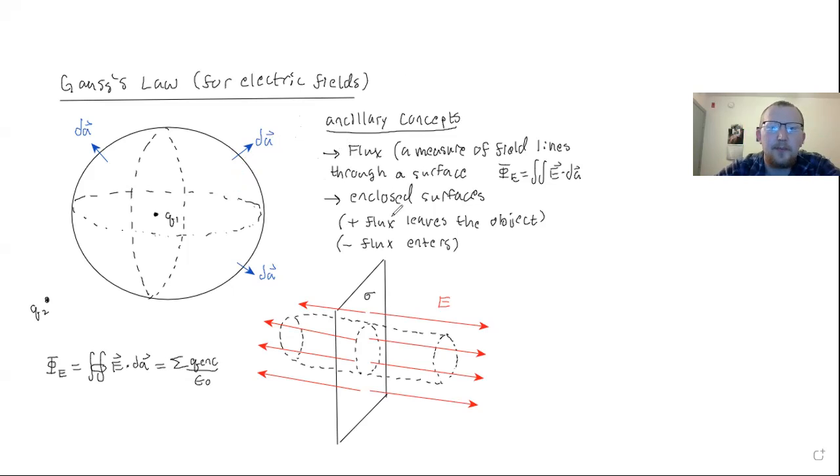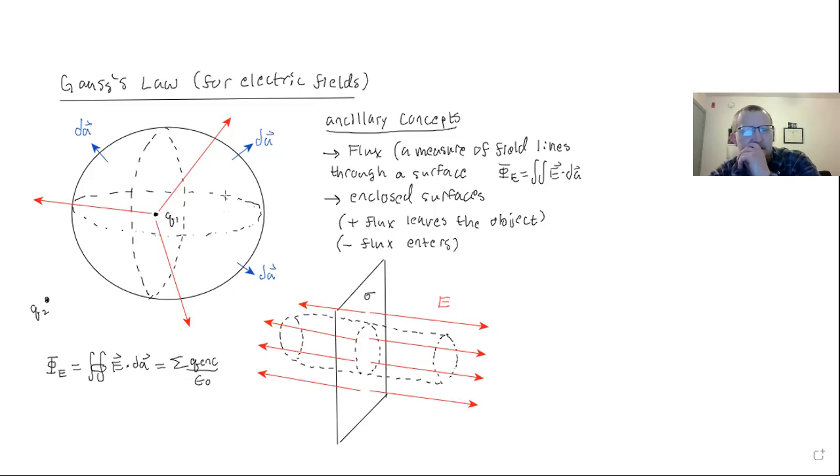All right, so let's talk about Gauss's law. So first, we're going to take a look at two different cases here over in this enclosed surface. We have a charge inside the surface I'm calling Q1, and we have a charge outside the surface I'm calling Q2. So let's start by focusing on Q1. So let's draw a few electric field lines, of course, emanating radially outwards.